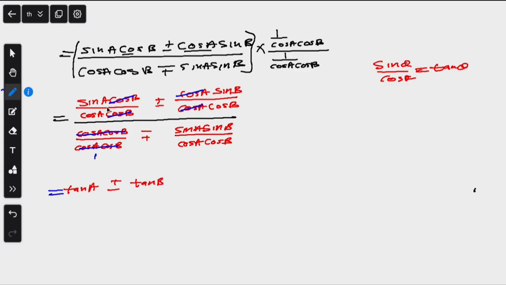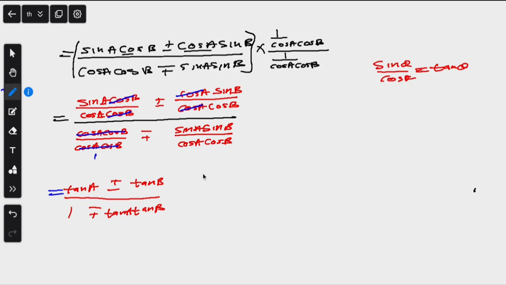Remember, the angles here, they are represented by the letters A and B. Then divided by, on the down part here we have 1 minus or plus sine A divided by cos A, which is the same as tan A. Here we have sine B divided by cos B, which is the same as tan B. So remember, even here we have two identities, the one which goes for a positive and the one which goes for a minus.